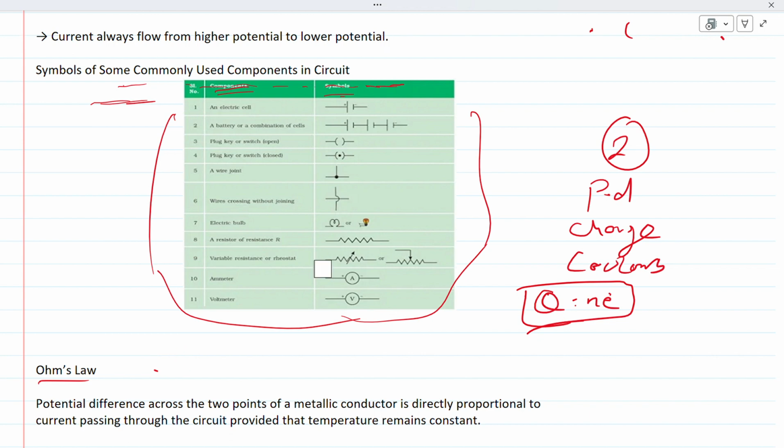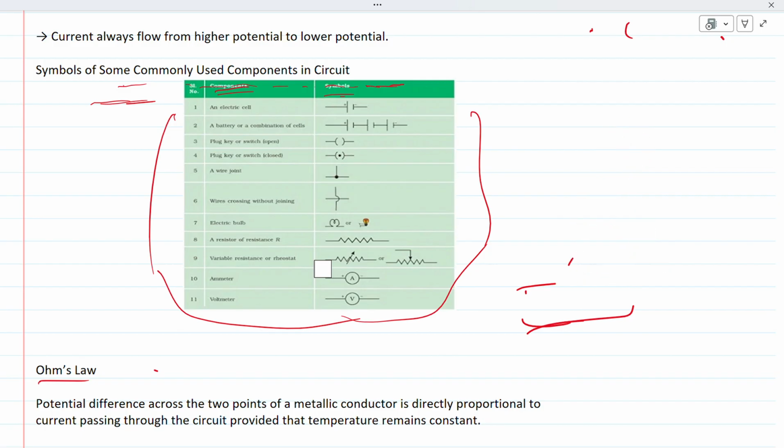It is not quite important from the examination point of view, but if you want to be aware of the symbols, you have to learn the symbols of the electric cell, battery, plug, key, and so on.